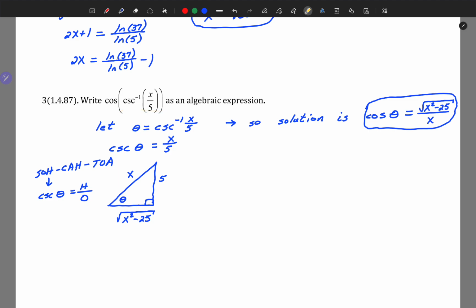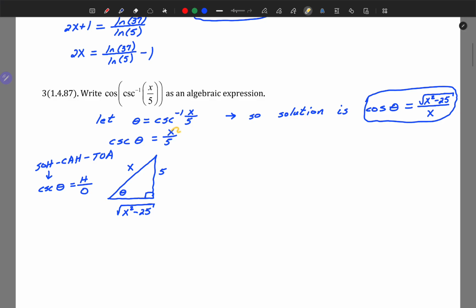Let's let that inverse cosecant of x over 5 be theta. And then I can say, well, what do I know about theta? Well, I can take the cosecant of both sides and say that the cosecant of theta would then equal x over 5. That gives me information to be able to draw a trig triangle with respect to theta.